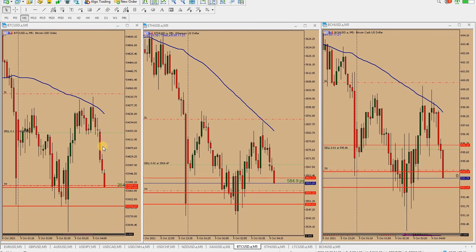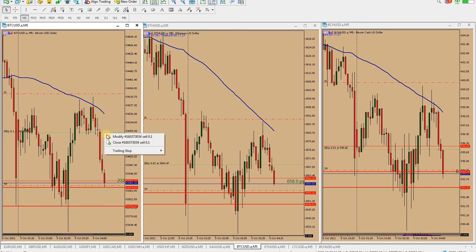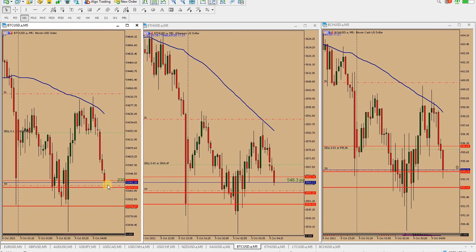So I now see Bitcoin touch the level. I can go on this and look and close it, but I just leave it to show you that when the asking and bidding price touch the level, then the platform would automatically close your trade.